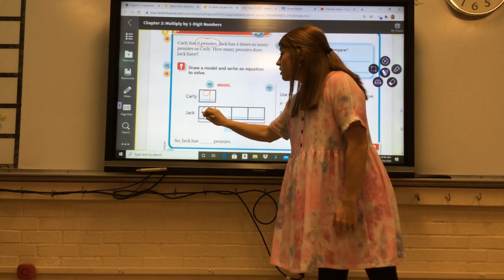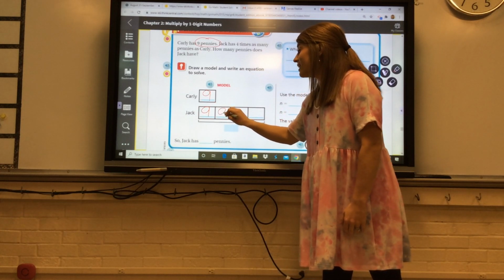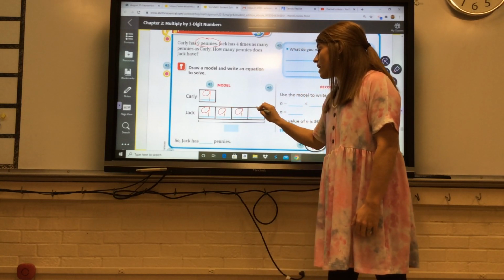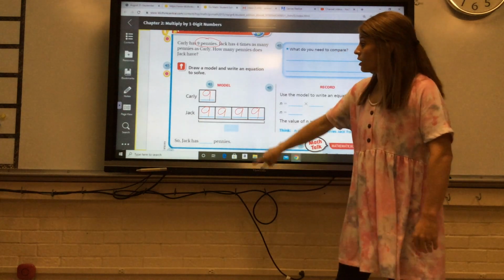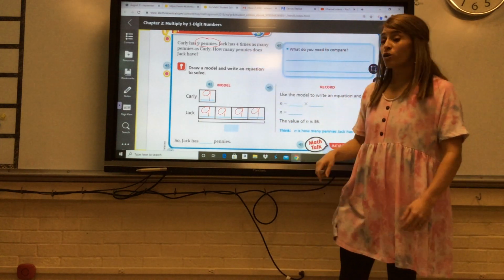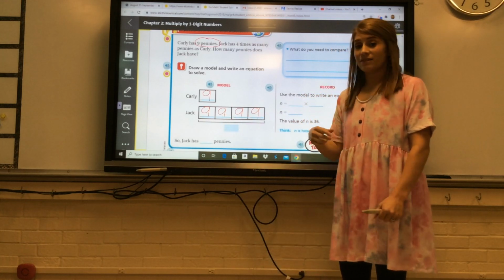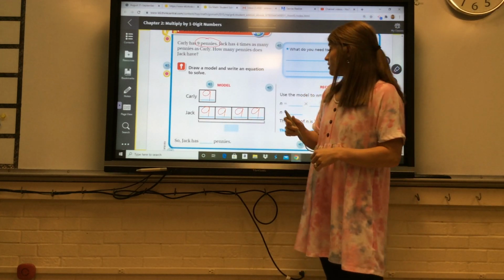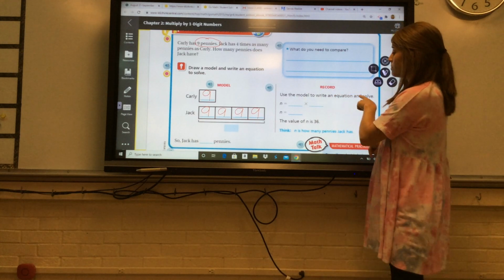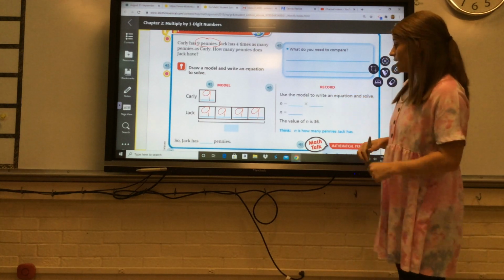So I'm going to put 9 in each one of these boxes. Because if Carly's got 9 pennies and Jack has 4 times the amount, well, that's 9, 9, 9, 9. 4 times as many. So we're going to use this model to write an equation and solve it.